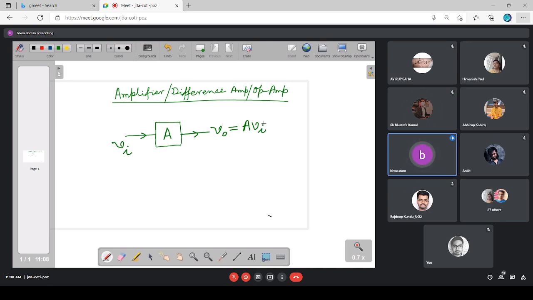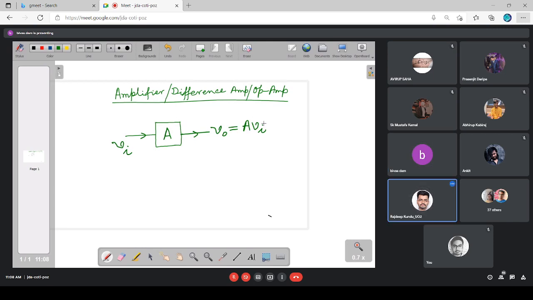Now, in case we assume the value of A to be 10, if my applied input voltage is 0.1 volt, in that case, my expected output voltage is 1 volt. Now, where from is this extra voltage coming? What is the source of that?